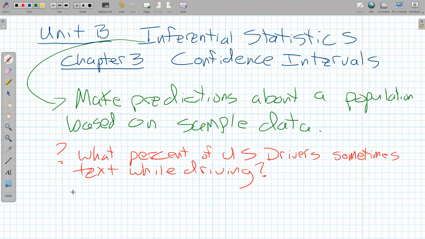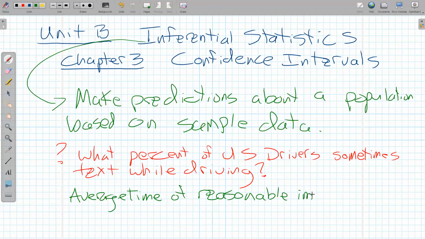Maybe I want to know what is the average time one gets some reasonable level of immunity from a COVID vaccine.